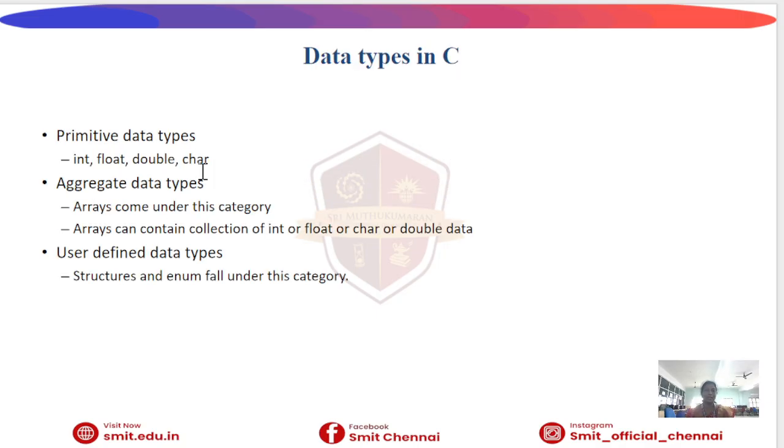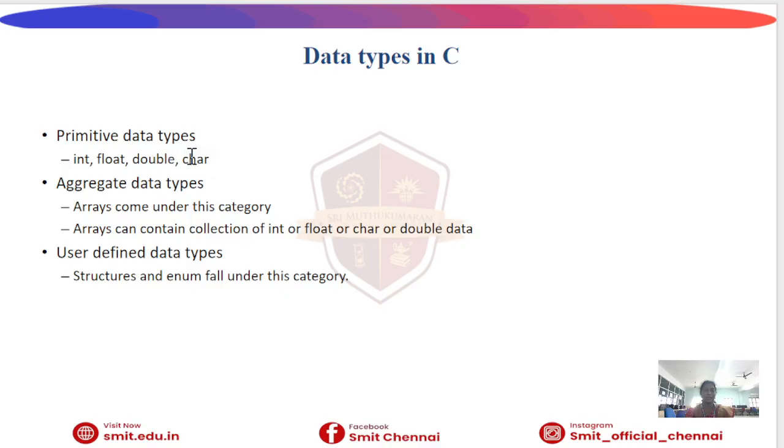Next are the data types in C. The data type specifies the type of data and the amount of memory required. First are the primitive data types. Int is used for integers. Float is used for decimal values, and double is used for large decimal values.